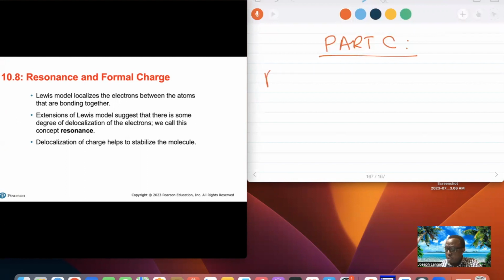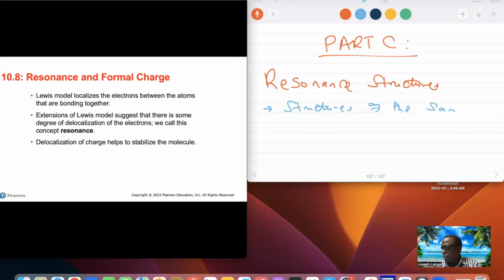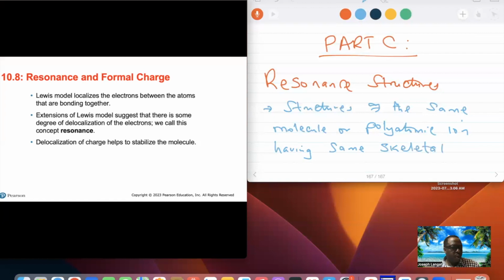What are resonance structures? Resonance structures are structures of the same molecule or polyatomic ion, having the same skeletal formula but a different arrangement of electrons.